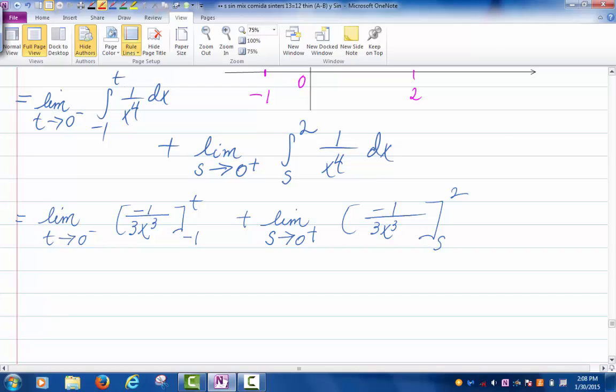Let me just show for everybody that my integrand is basically x to the -4. If I take the antiderivative, I would be getting x to the negative 4 plus 1, which is x to the negative 3 over negative 3, less than or equal to 4.